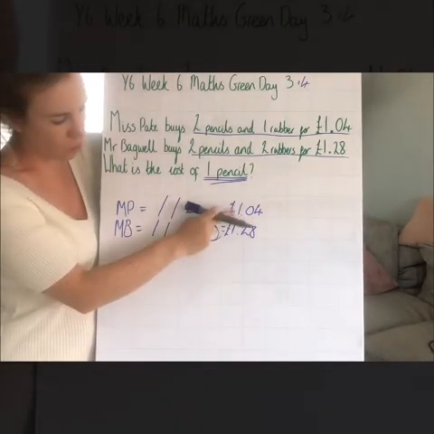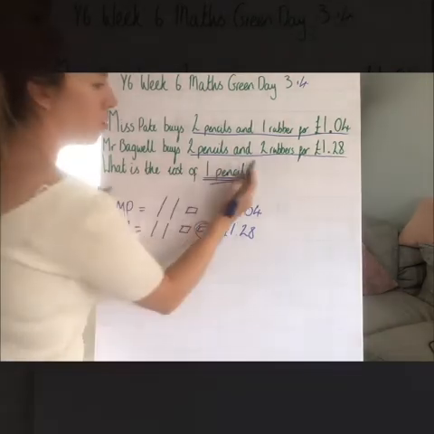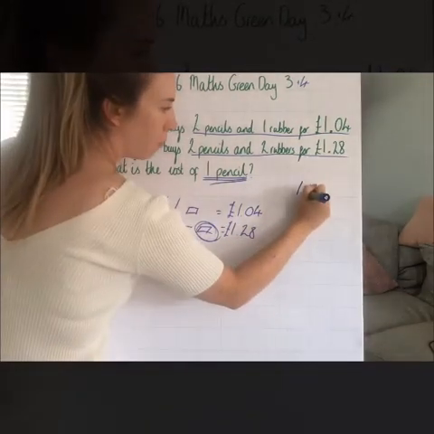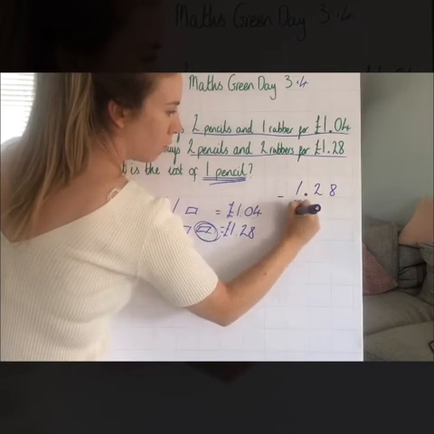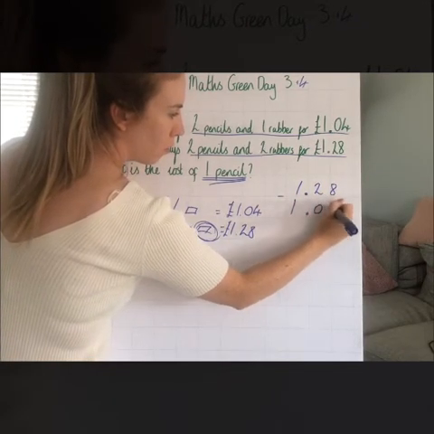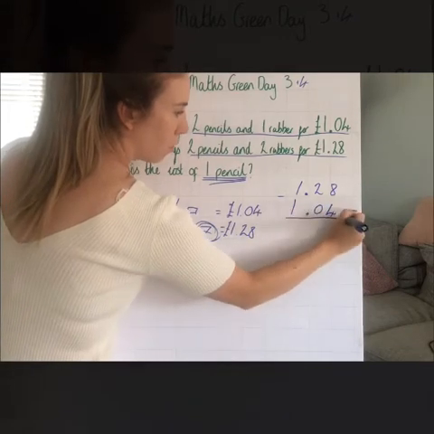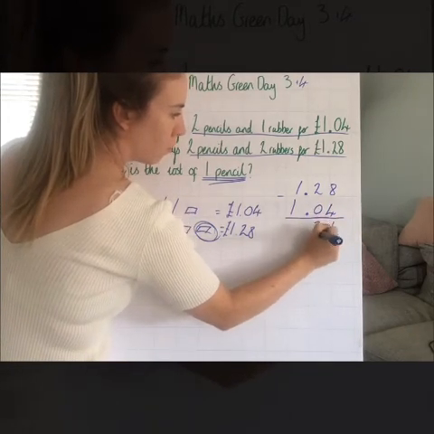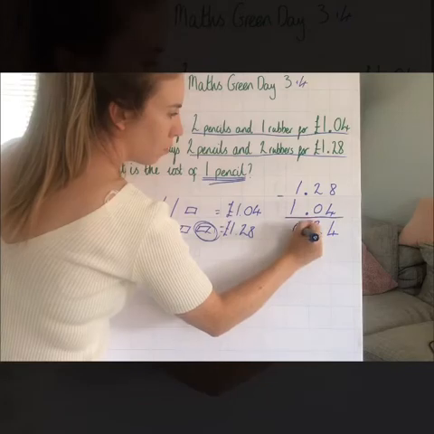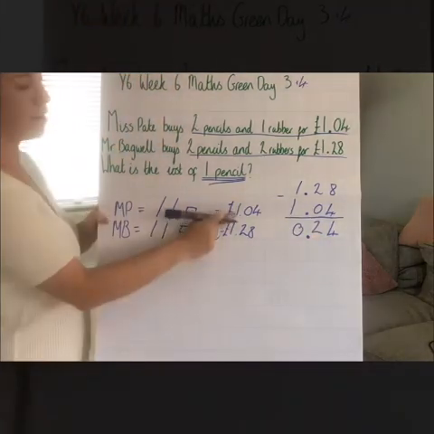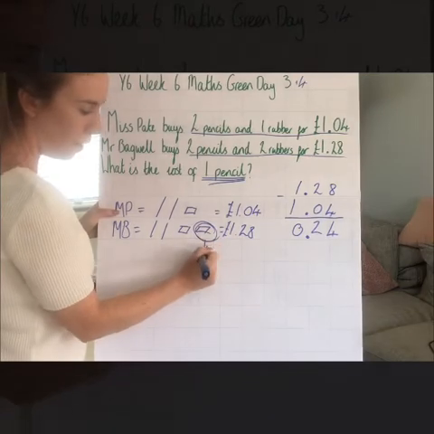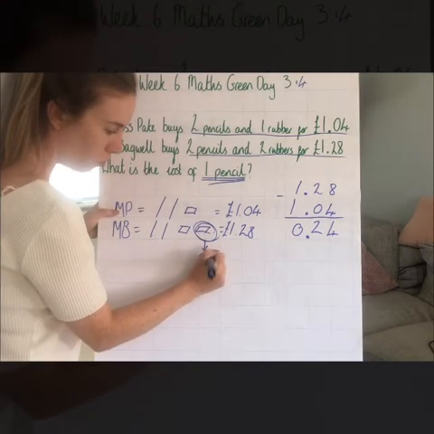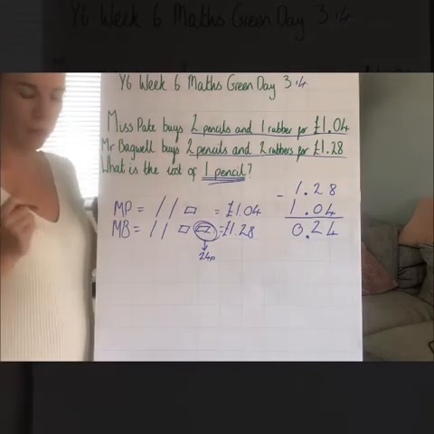So if I subtract these 2 costs now, right, I can see that the difference is 24 pence. So this rubber must cost 24 pence, okay?